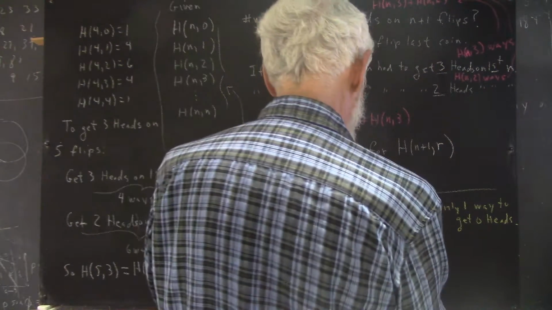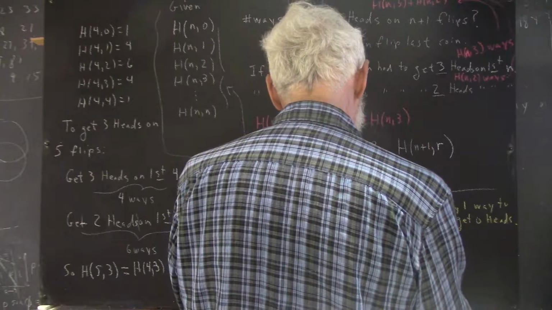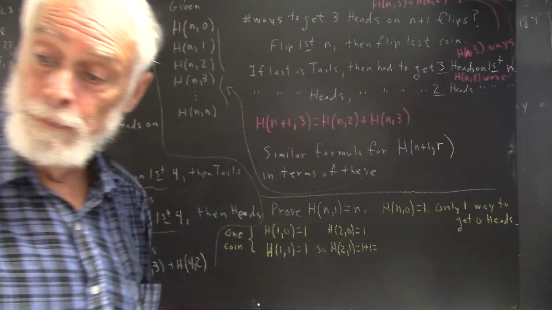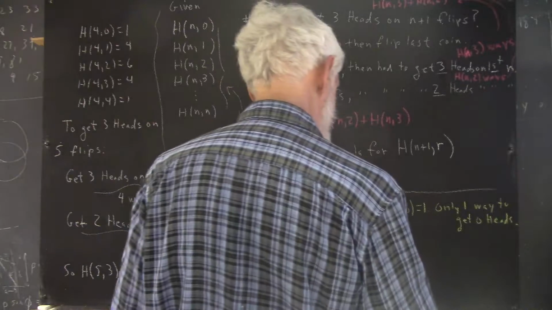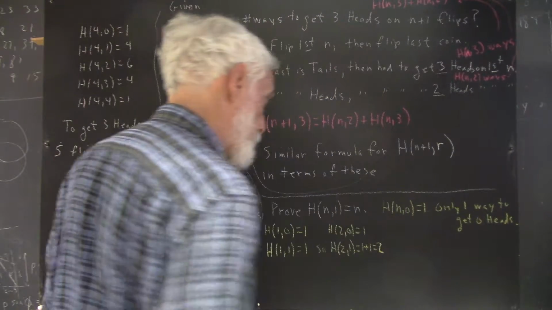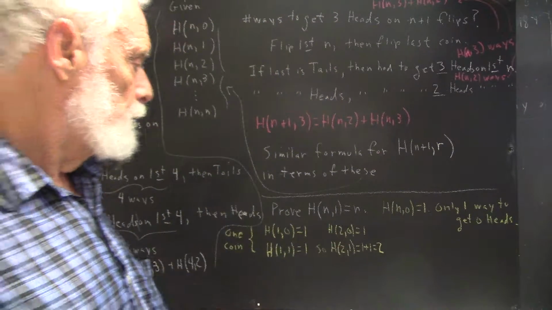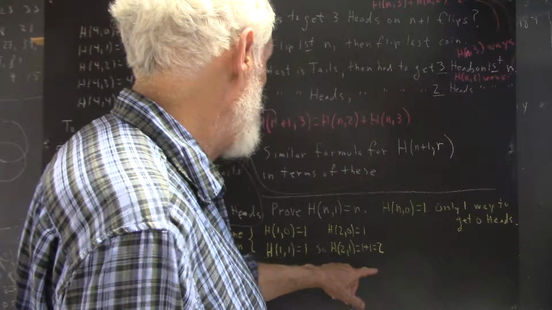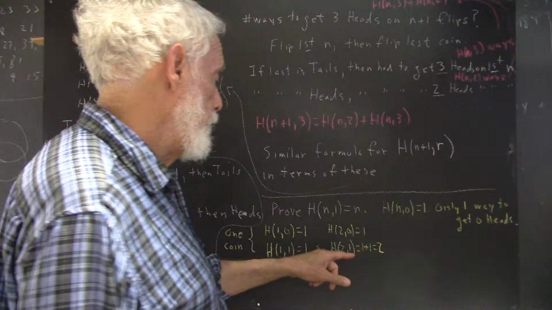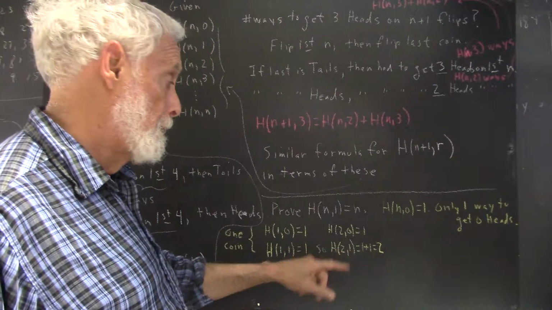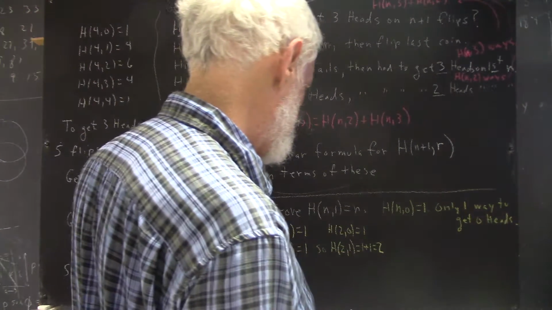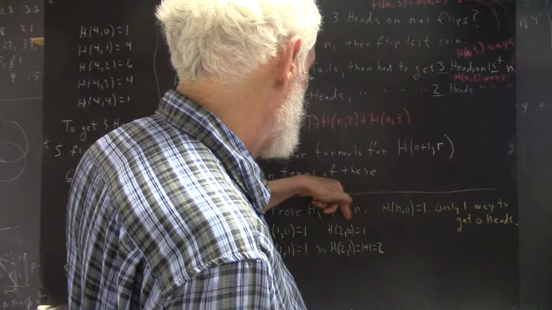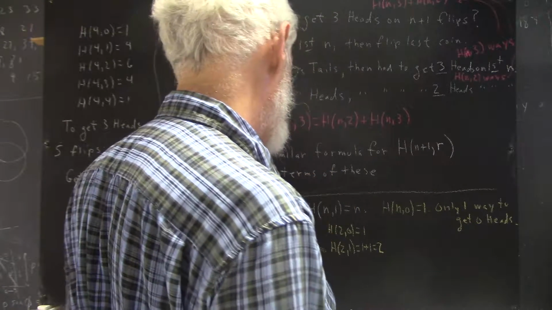We know very well that 1 and 1 is 2, not 0. I was just thinking ahead, looking over at one of the zeros. Okay, so we know that h of 2,1 is 2. There are 2 ways to get 1 head when flipping 2 coins, and then there's 1 way to get no heads when flipping 2 coins.